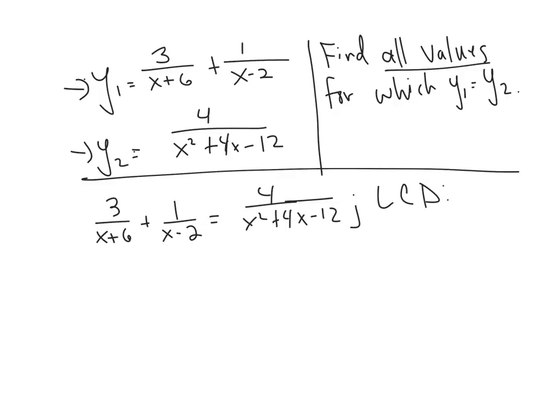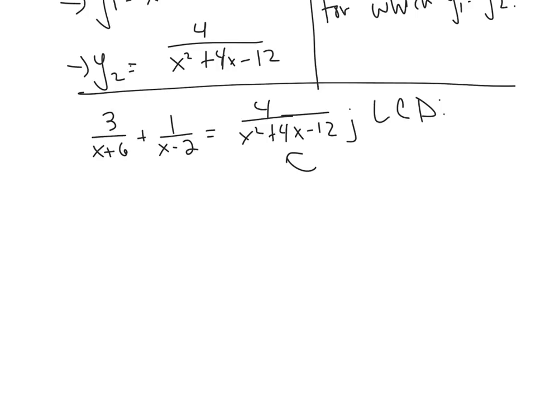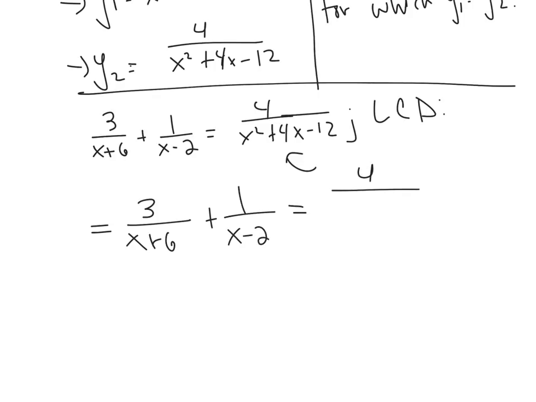Now remember, before we do anything with rational expressions, we want to make sure everything is factored. So this expression here can be factored and rewritten, leaving the first part the same. And the second part becomes 4 divided by x plus 6 times x minus 2, making our LCD x plus 6 times x minus 2.